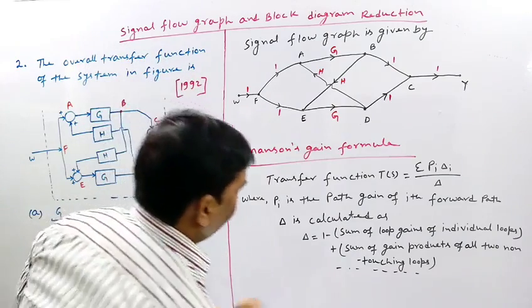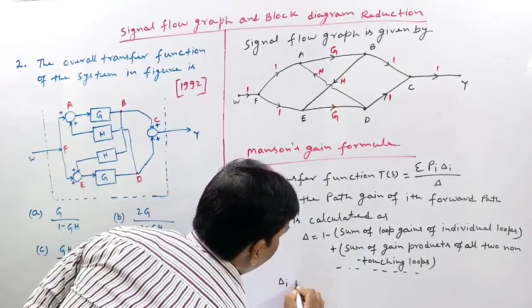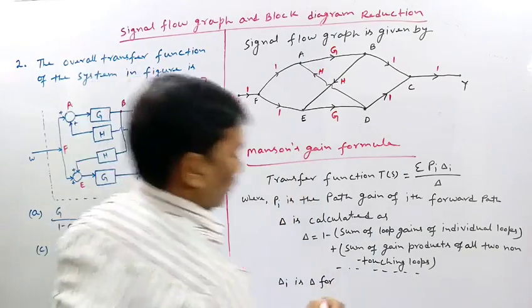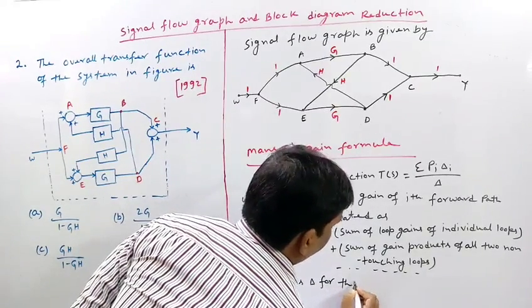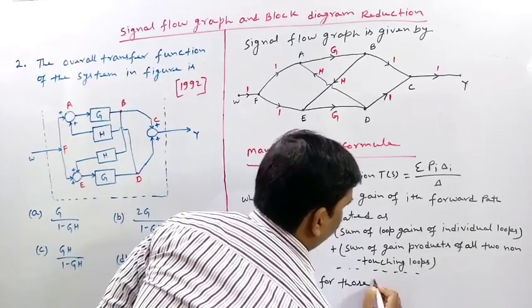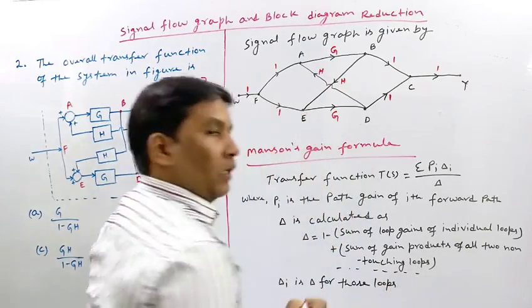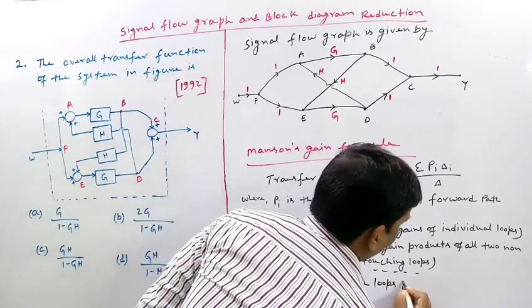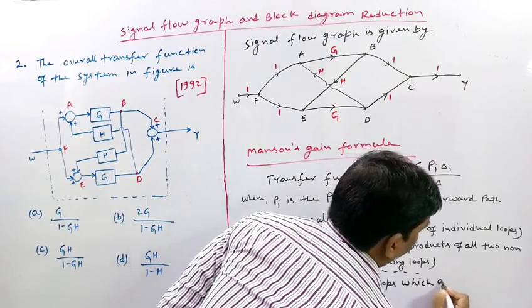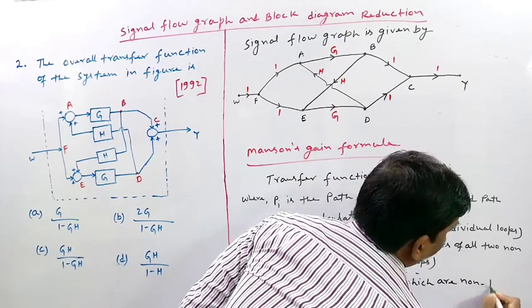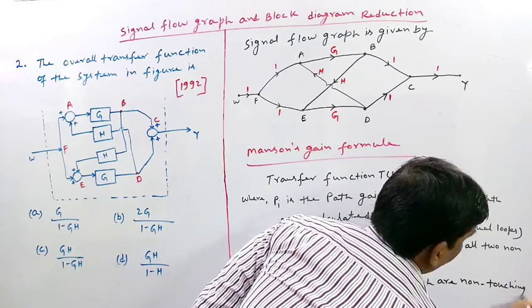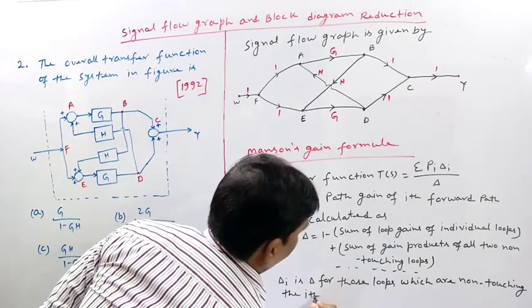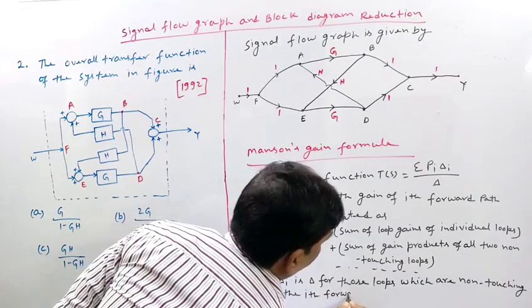So delta i is delta for those loops which are non-touching the ith forward path.